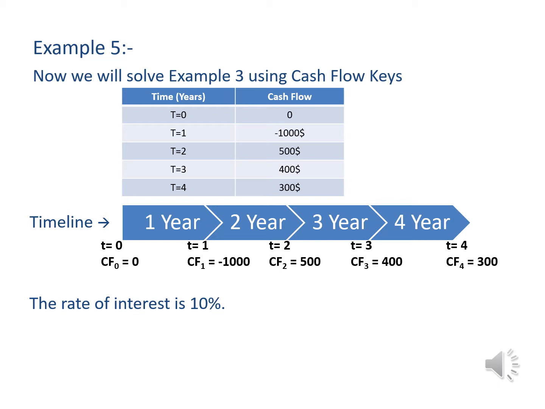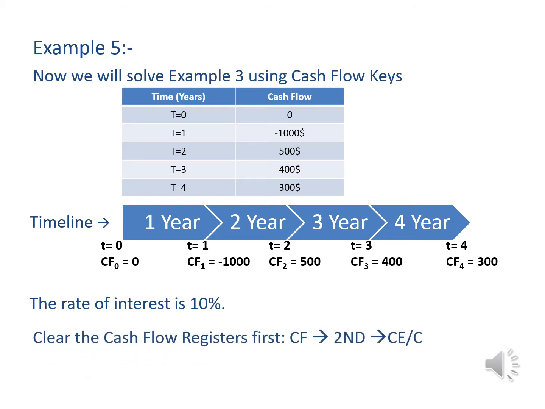First of all, we need to clear the values stored in the cash flow keys, if any. To do this, press CF, then second key, and then CE/C key. As you should know by now, anytime we use a second key, we activate the secondary function of the keys in the BA2 Plus calculator.